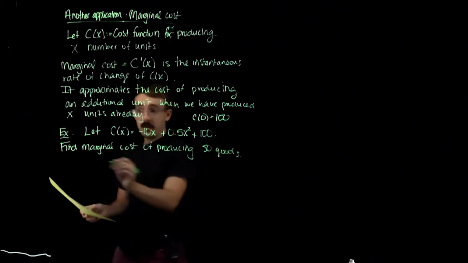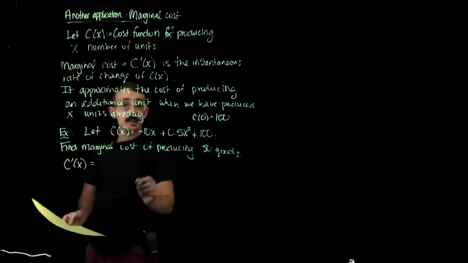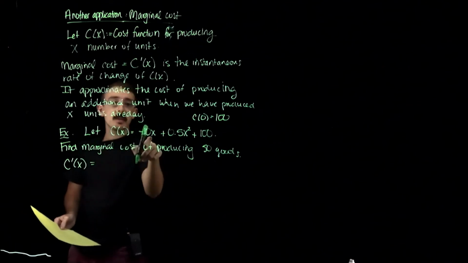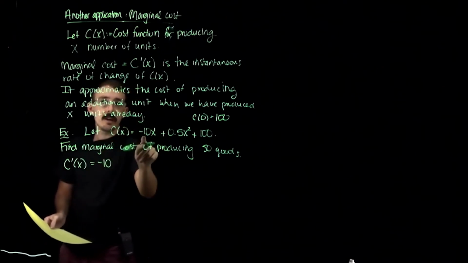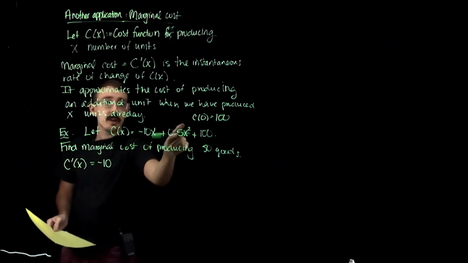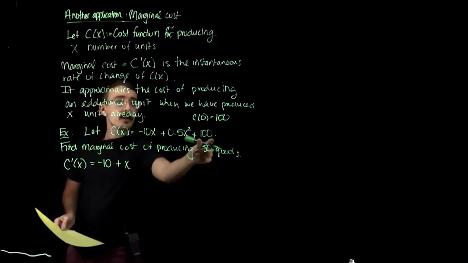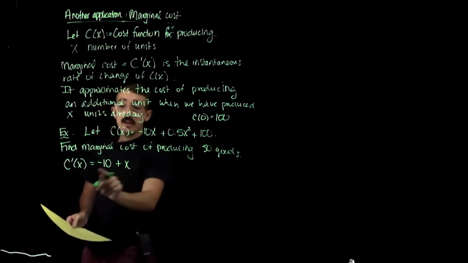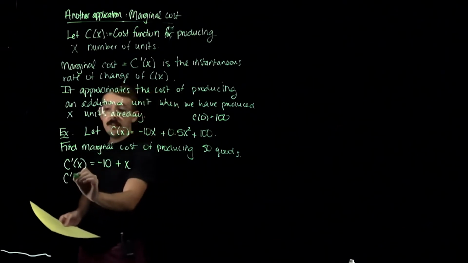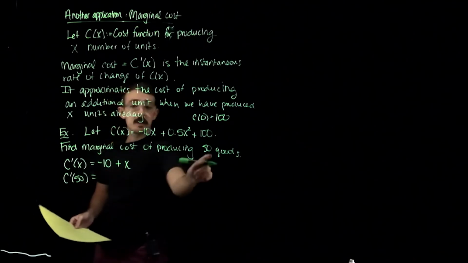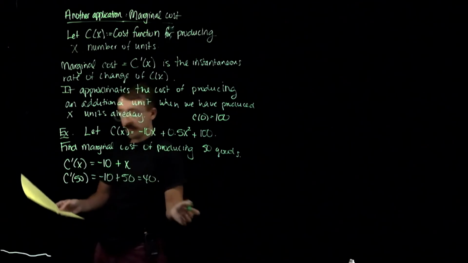So let's try that. First, to get the marginal cost, you take the derivative of the cost function. You take the derivative of negative 10x and get negative 10. Because that is just the power rule. You bring the power down and lower the power. Bring this 2 down here. 2 times 0.5 is 1. So I get 1x. The derivative of a constant is just 0. So this is the marginal cost function. And then if I plug in 50, like the question is asking me to do, I get negative 10 plus 50, which is 40.